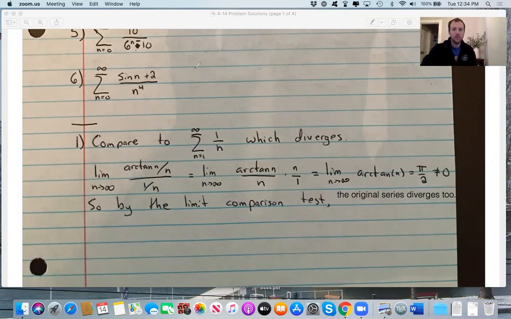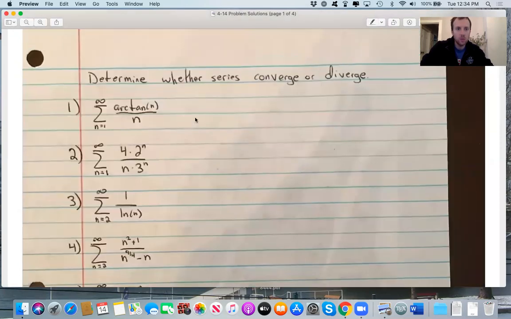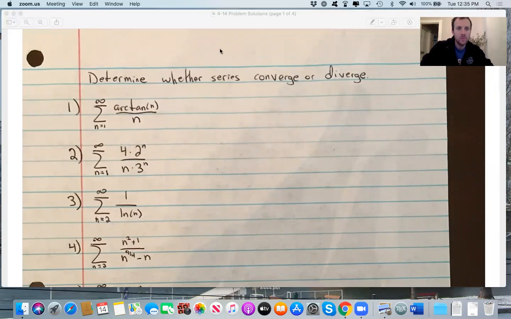So in an example that I said in one of the breakout rooms, if you changed this n to n squared, then you could compare this to 1 over n squared.